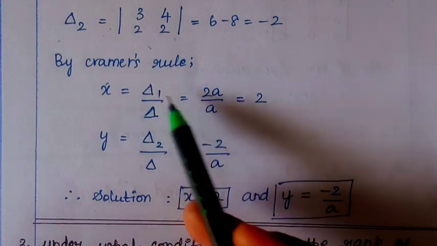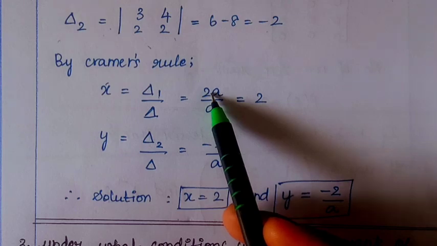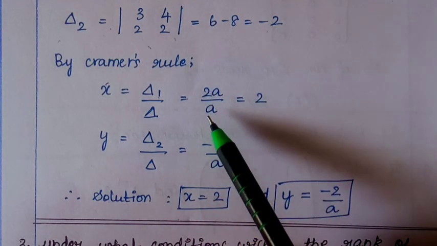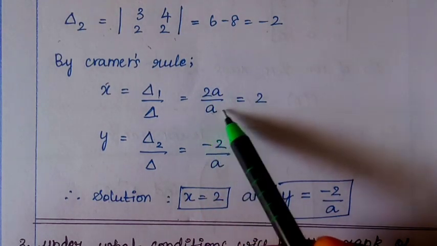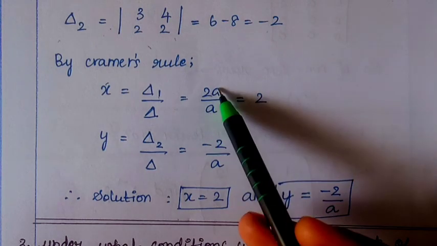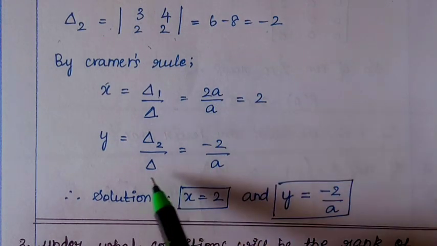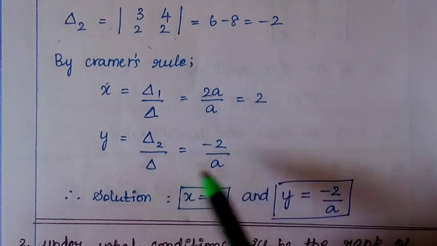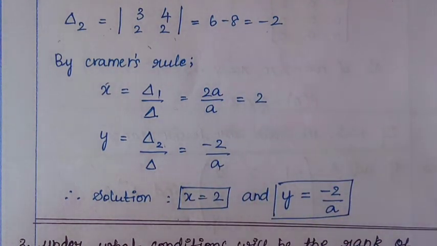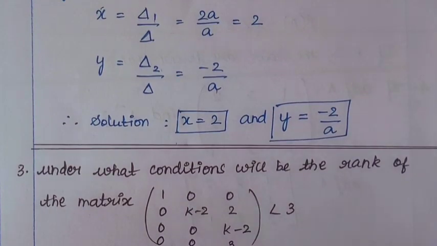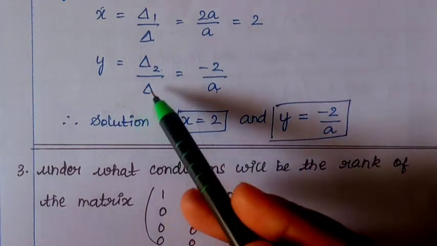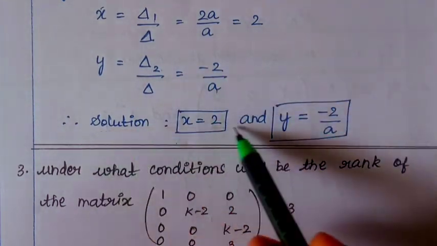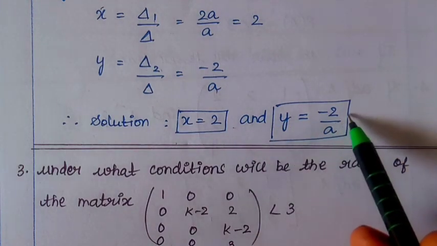Delta 1 we got 2a, by delta we got a, so a gets cancelled and we get 2. Next delta 2 we got minus 2, for delta we got a. So the solution: x is equal to 2, y is equal to minus 2 by a.